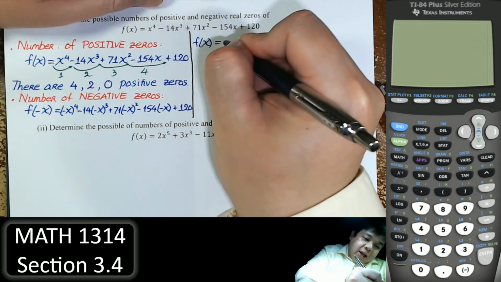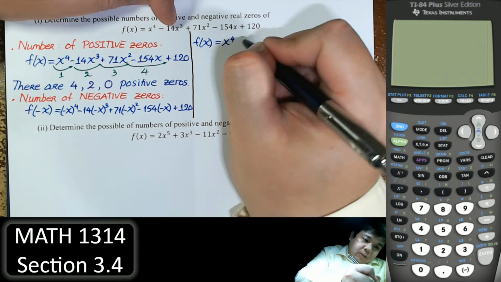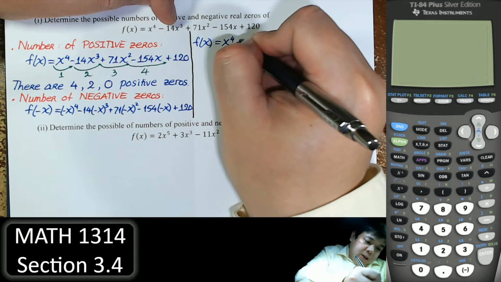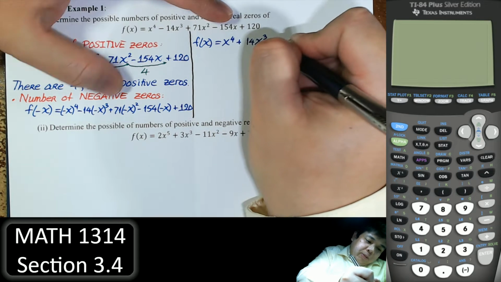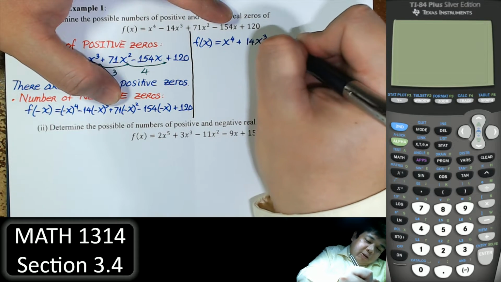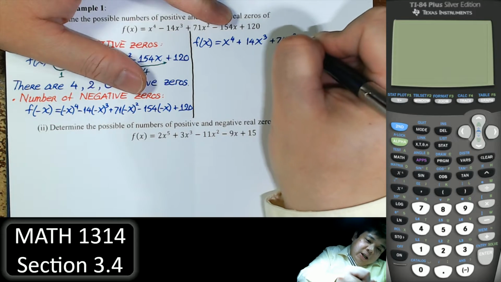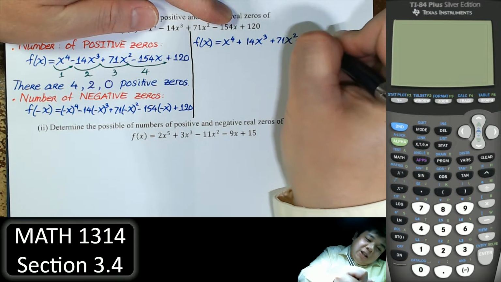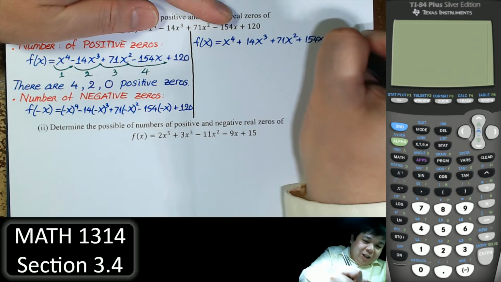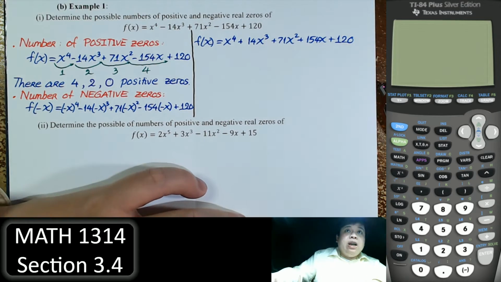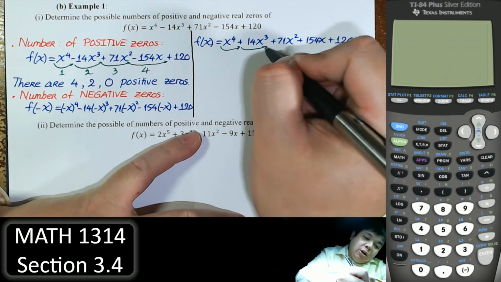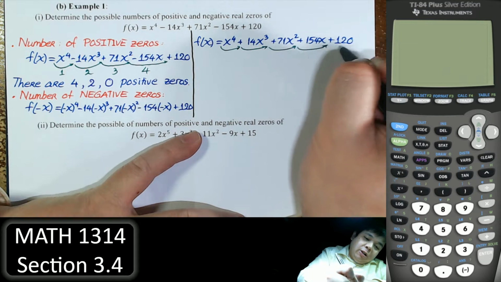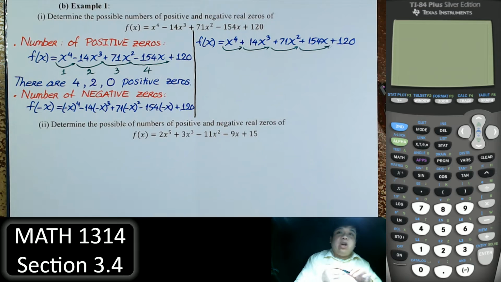That will turn to positive x to the fourth plus 14 x cubed plus 71 x squared plus 154x plus 120. What we see here is all of them are positive, so no sign changes.